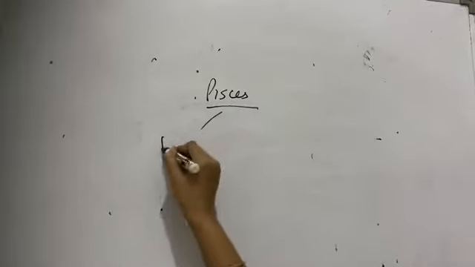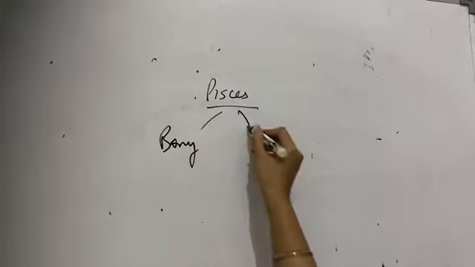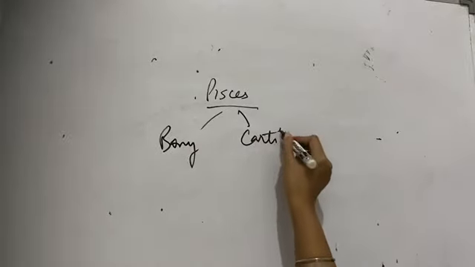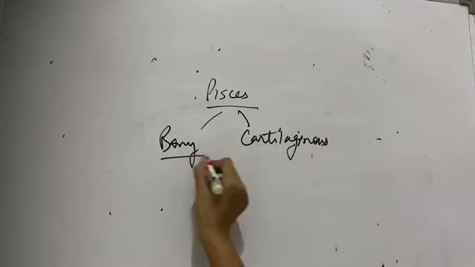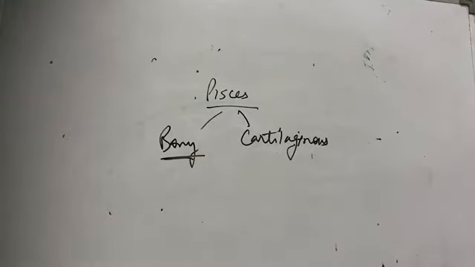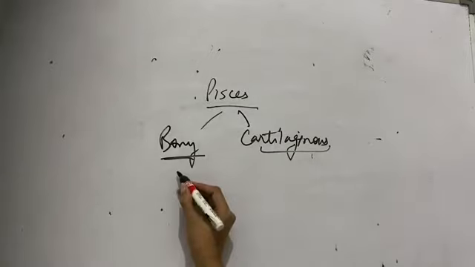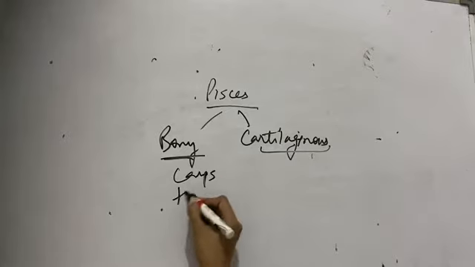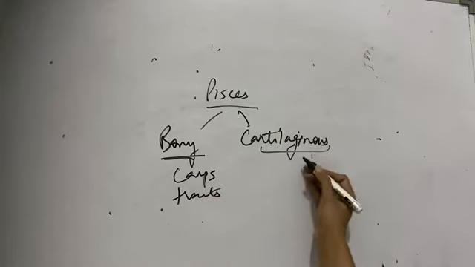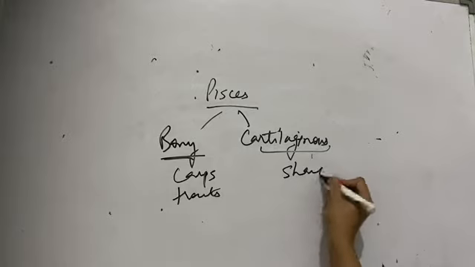One are bony fishes, another one are cartilaginous fishes. Bony fishes are those which are quite hard. They have skeleton made up of bones. And cartilaginous fishes, on the other hand side, they are a bit soft. Example of bony fish is carps, trouts, and example of cartilaginous fish is shark.